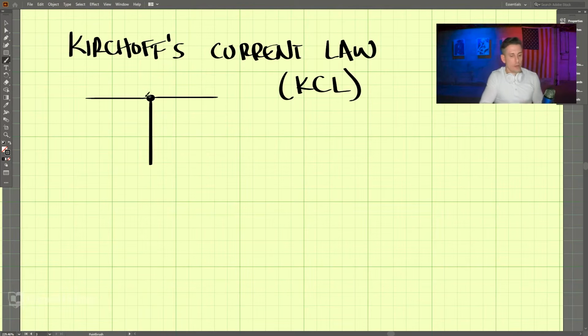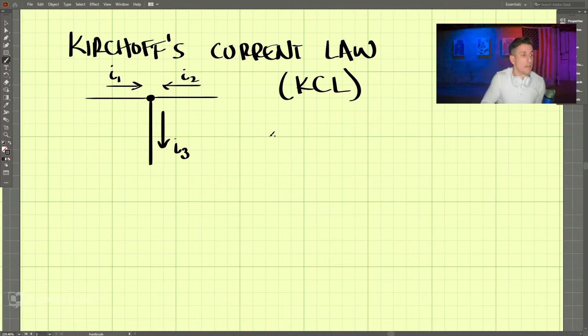This is a node, and we have currents. We have I1, we have I2, and we have I3. So this states that a charge cannot build up at a node. So what goes in must come out.